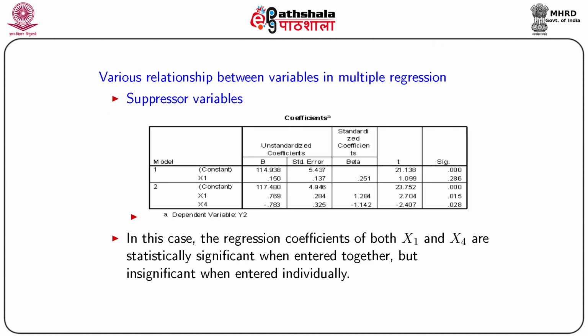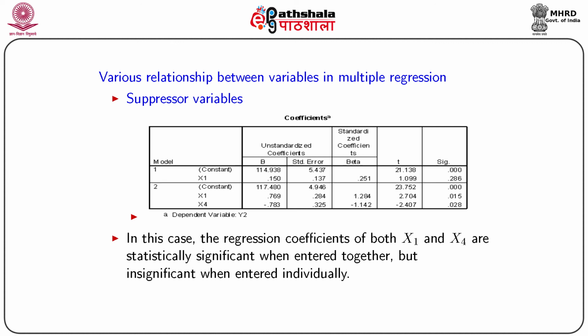Here we have also presented the table with the estimates of the coefficients for the first model where only x1 is present, and we can see that the estimate of beta naught is 114.938, and the estimate of beta 1, the coefficient corresponding to x1, is 0.150.